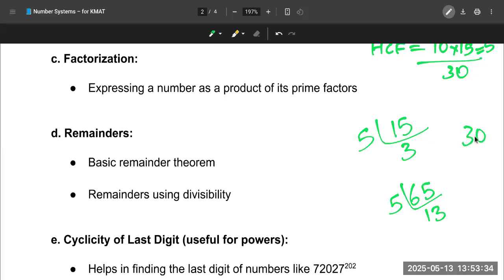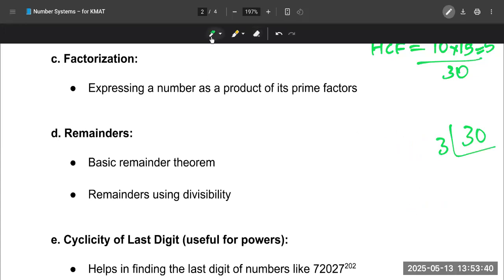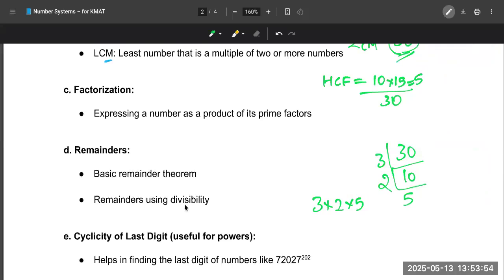Factorization of 30 would be 30 divided by 3 is 10. It can be divided by 2, and we will get 5. So 3 into 2 into 5 is how you express 30 as the product of prime numbers.